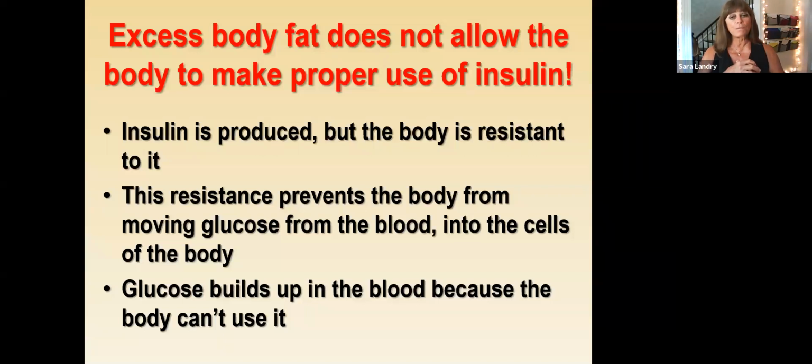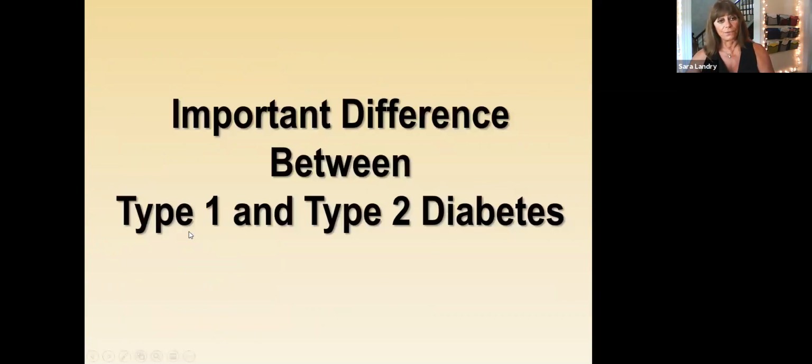Your body does produce insulin, but the fat makes you resistant to having that insulin work. And this resistance prevents the body from moving glucose from the blood into the cells of the body. So glucose will build up in the blood because the body can't use it. It's not getting into the cells.